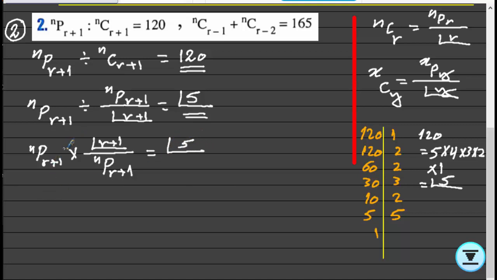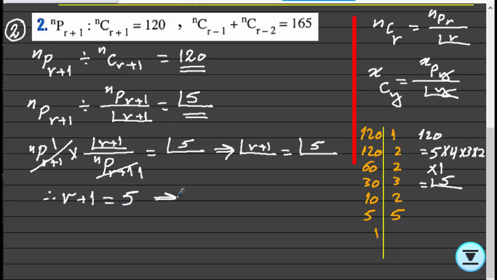So dividing up and down by nPr plus 1, here we have 1, here we have 1. So factorial r plus 1 equals factorial 5. What does that mean? r plus 1 equals 5. So r equals 5 minus 1, which equal 4.